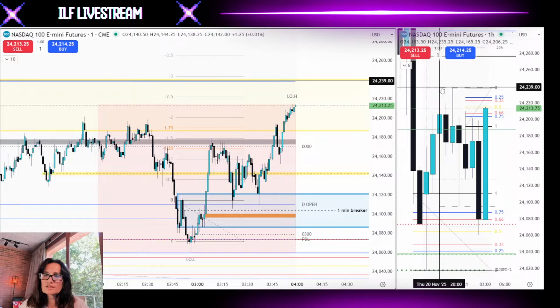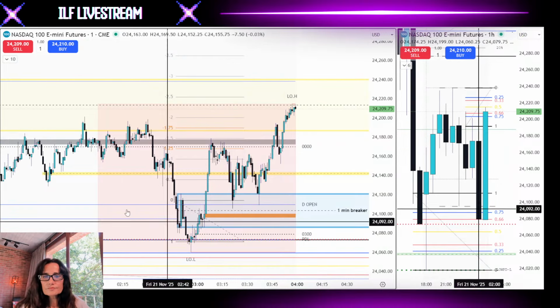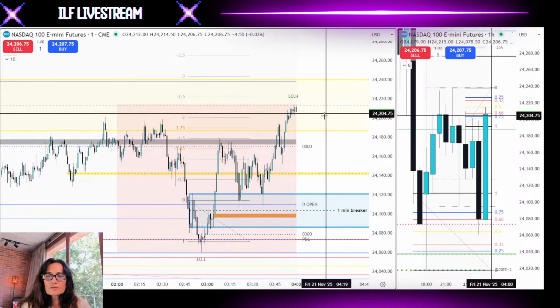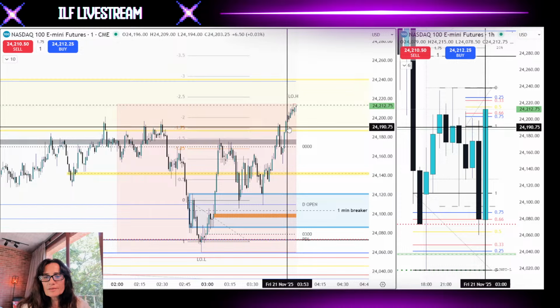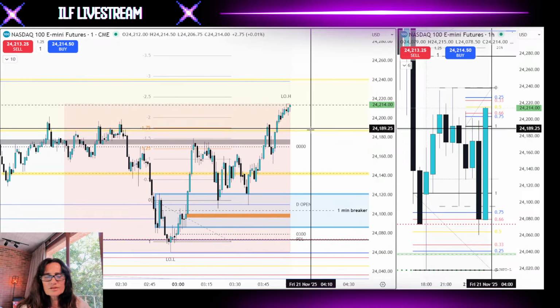Yeah, I think we're going to take out this level now. It can easily go below the 200 just to get into this fair value gap and then go up. But I don't think it's going to go there.